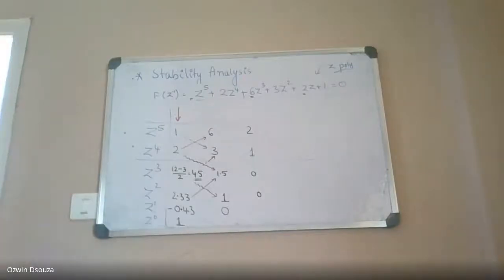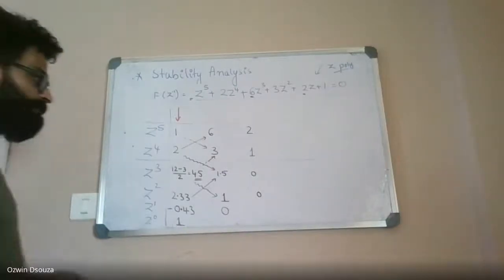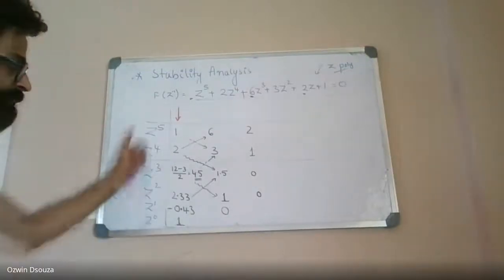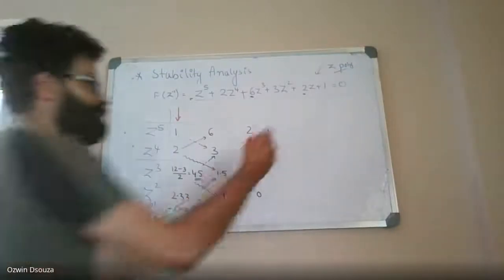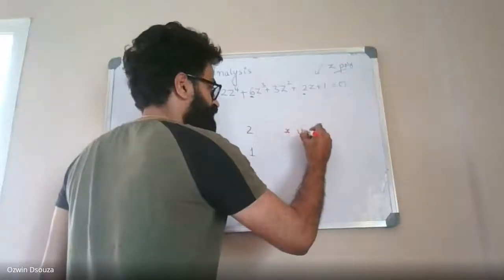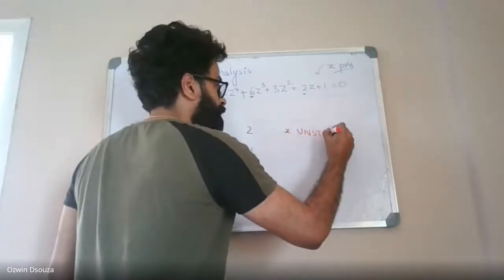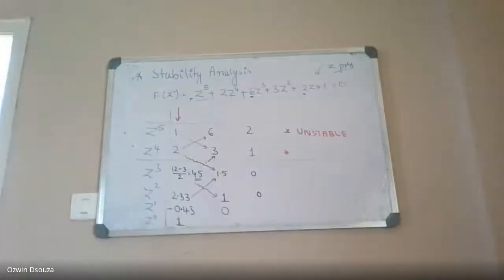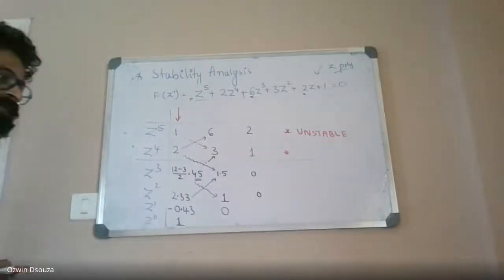So tell me whether the system is stable or unstable. Okay. So in the first column, as you can see that all the elements do not have the same sign. Hence, system is unstable. Okay. So that's the first point, that is judging the stability.